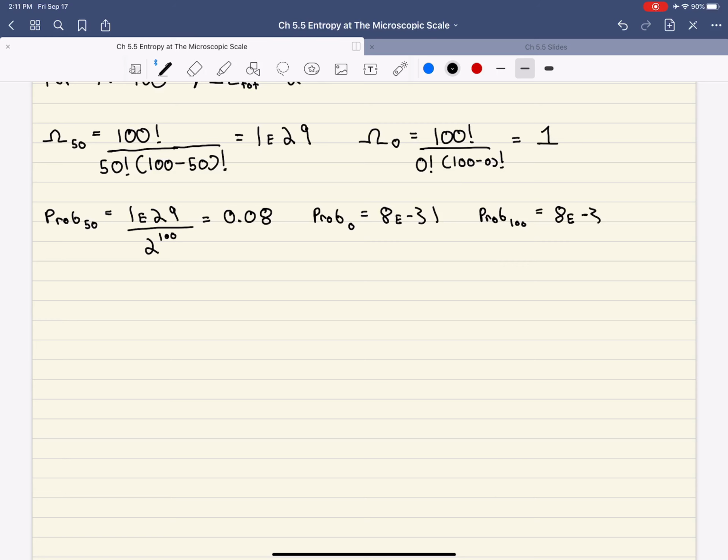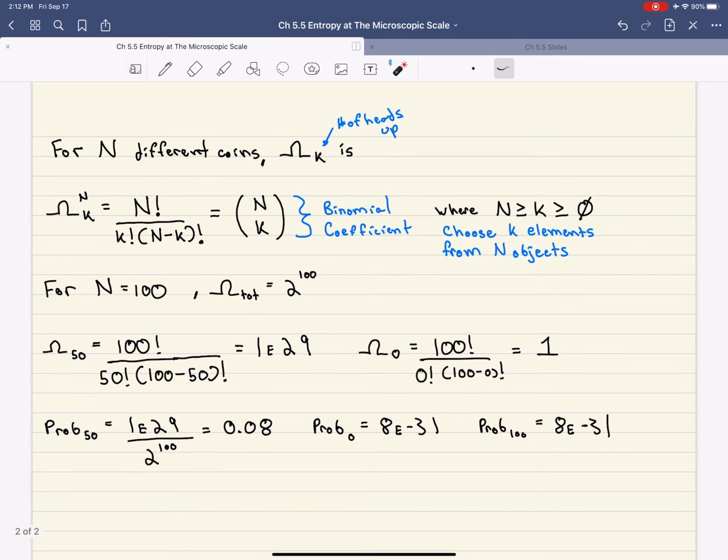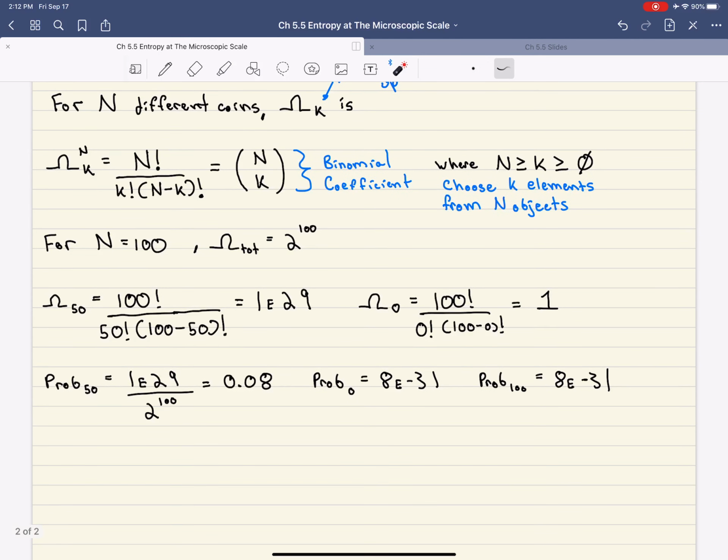And so the probability that you would get 50 coins face up, even though it's a small probability, is still orders of magnitude more likely to happen than getting all your coins face down or all your coins face up. We could compare that to the case where we only had 2 coins, and the probability of half of them being heads up was 50%.